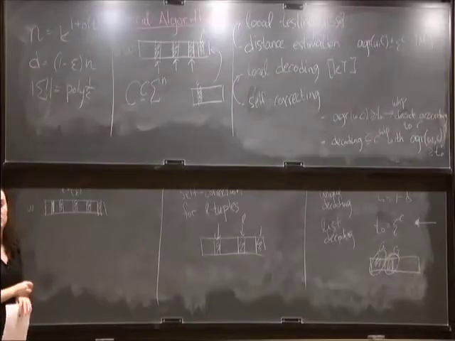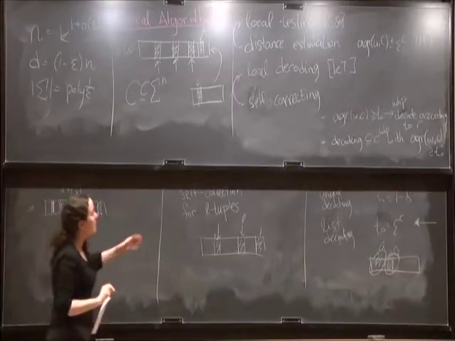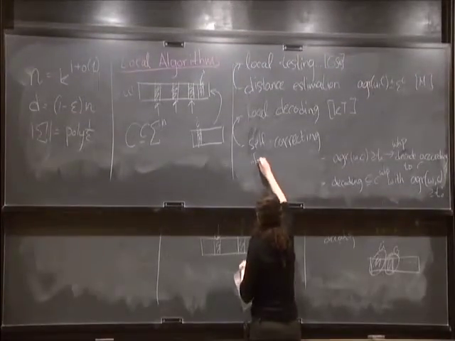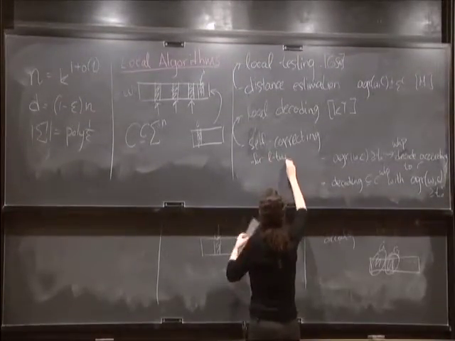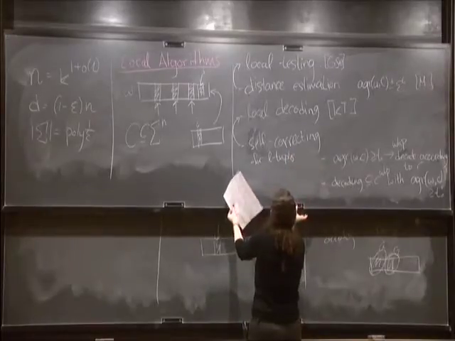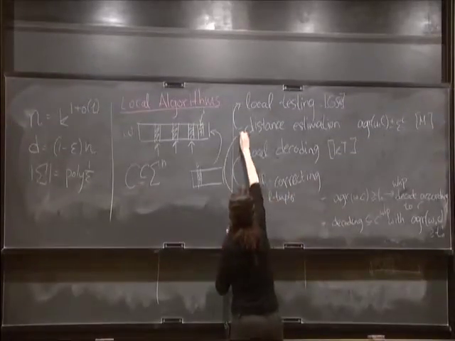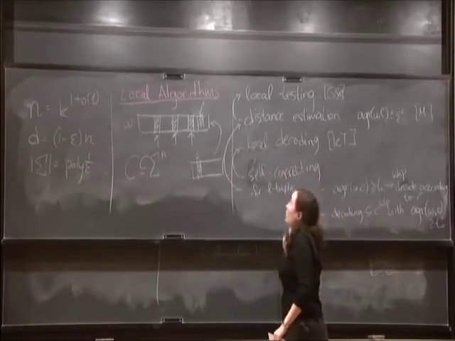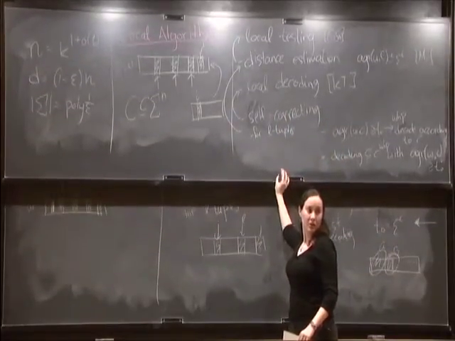And this allows you to do distance estimation. So at least self-correction for L tuples, which is what we'll consider, not only implies local decoding, but also implies distance estimation and also local testing.